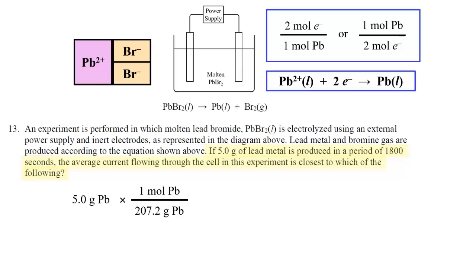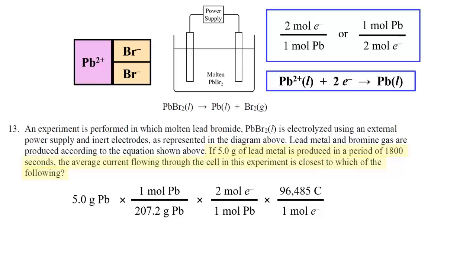Let's go from moles of lead to moles of electrons. So it's going to be 2 moles of electrons for every 1 mole of lead. And we got that information by knowing that the charge of the lead ion was positive 2. Now let's use the Faraday constant to go from moles of electrons to coulombs. Remember, if we can get the total number of coulombs, then we can divide by the total time in seconds.